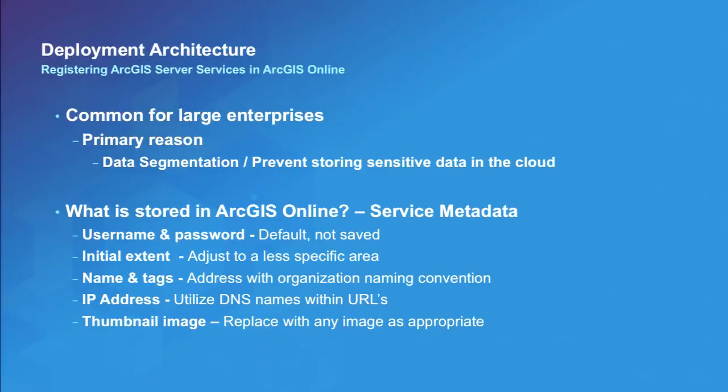The initial extent can also be saved into ArcGIS Online, and you can adjust it to a less specific area. Names and tags can be addressed with your organization's governance processes. That's always a fun one to think about: ideally, when you're getting into a cloud-based infrastructure, you do start establishing some rules and governance processes for your organization.